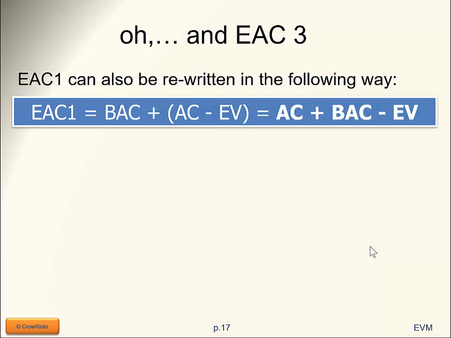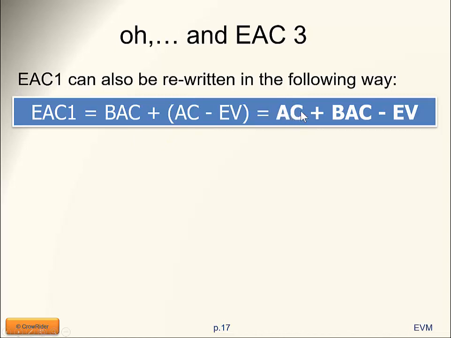Your first estimate at completion, remember, was budget at completion plus actual cost minus EV. We can rewrite this as actual cost, nobody is going to give us the money back that we've already spent, plus the work that is still left over, budget at completion minus earned value, right? The logic stays exactly the same. I've just turned these two around.